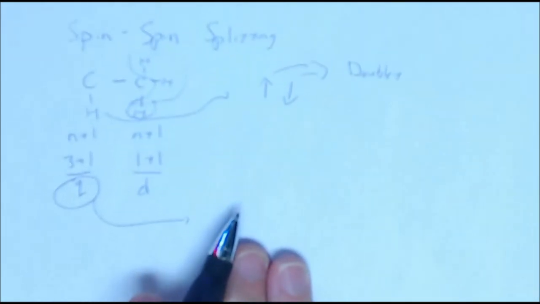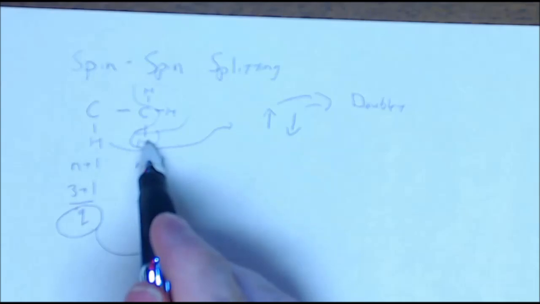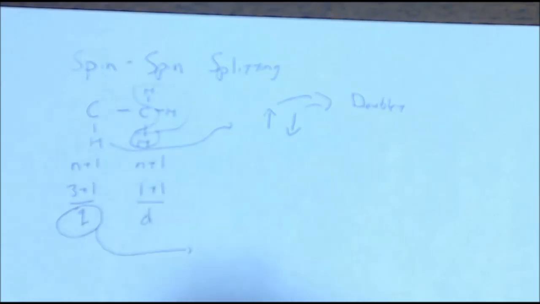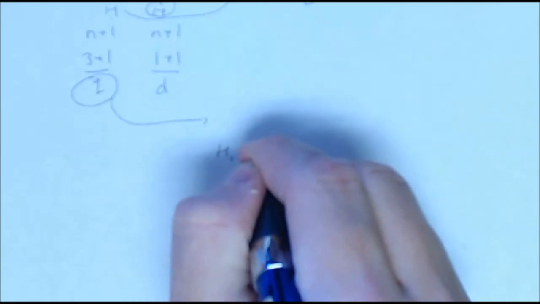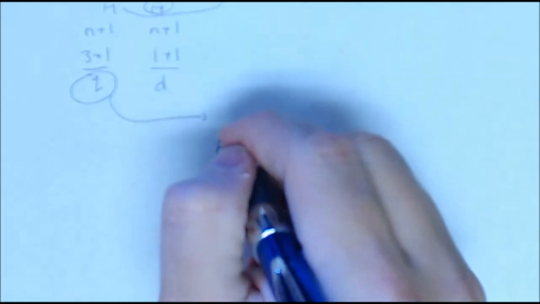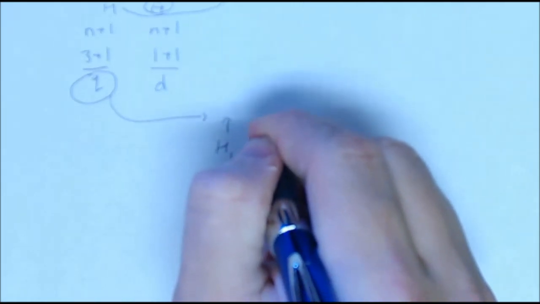The first one is if all 3 of these hydrogens, which I'll call hydrogen 1, hydrogen 2, and hydrogen 3, are spinning in the same direction.